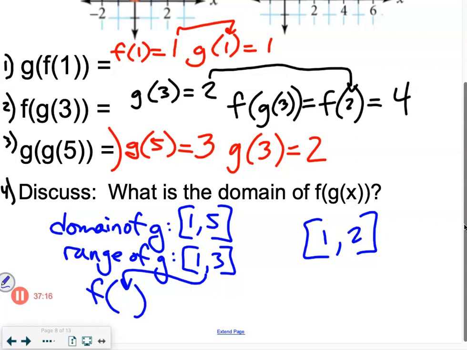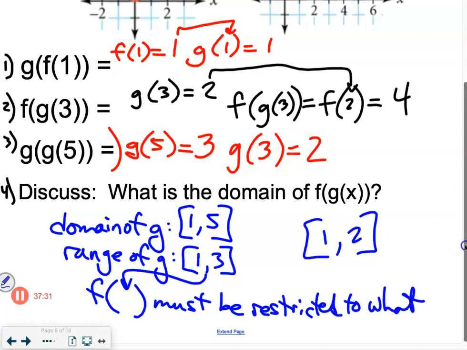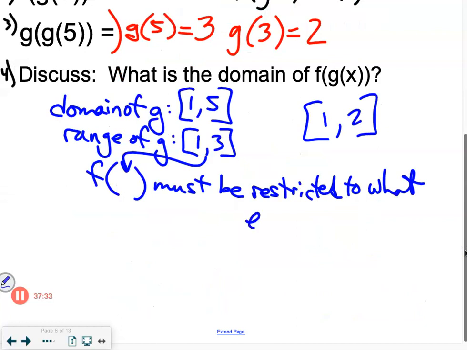Except 1 to 3 doesn't exist on f, so we must be restricted to what exists on f. So, kind of tricky. But the big thing to pick up on there is that your input for your outer function are the y values of your inner function.